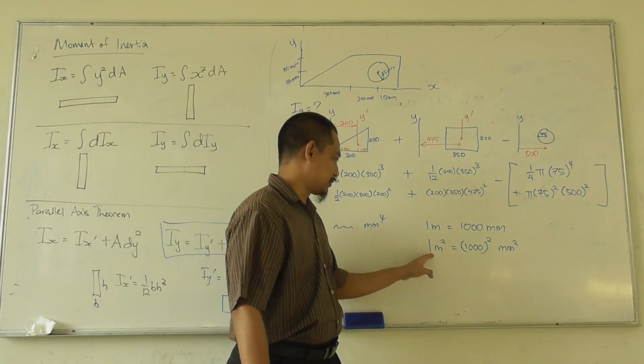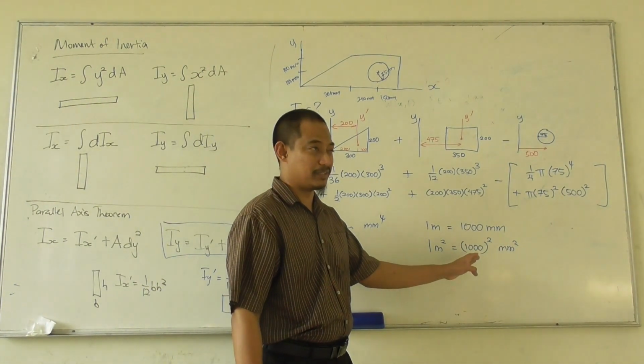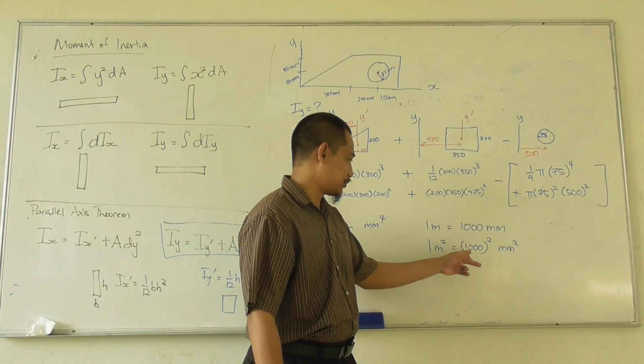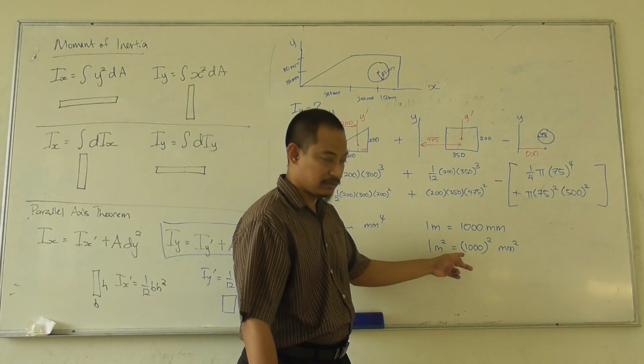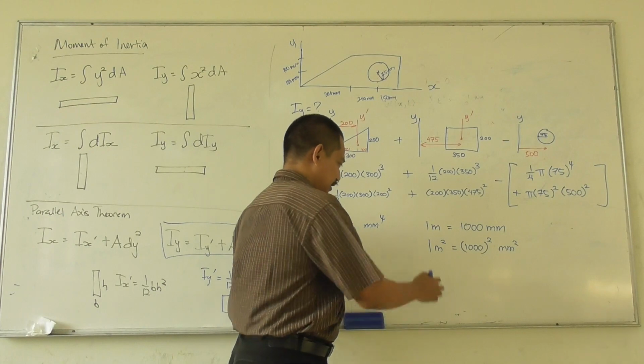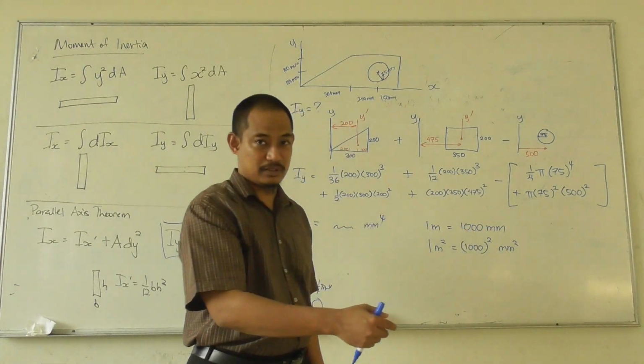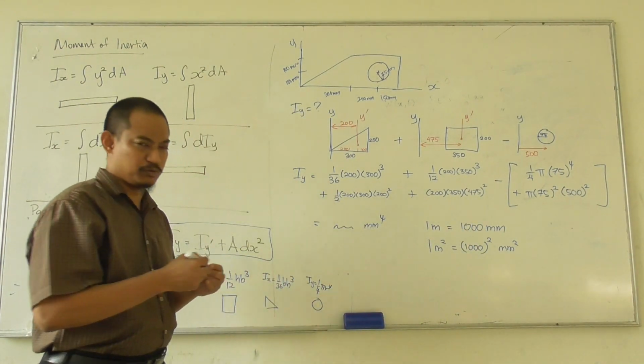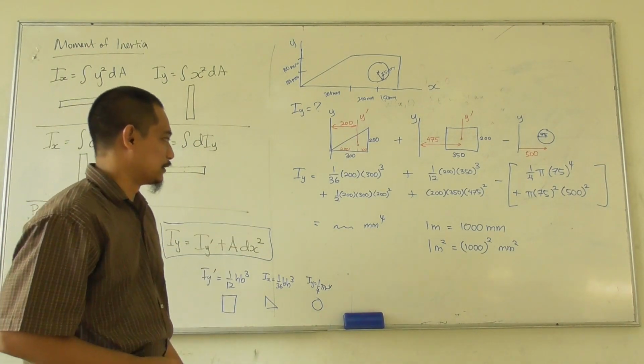It's not that 1 meter squared equals 1000 millimeters squared. It actually becomes 1 million millimeters squared. If you have power 4, you have power 4, etc. So make sure you don't make any mistake in conversion of units.